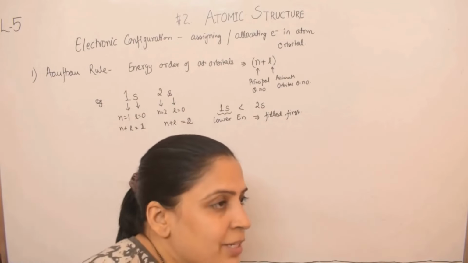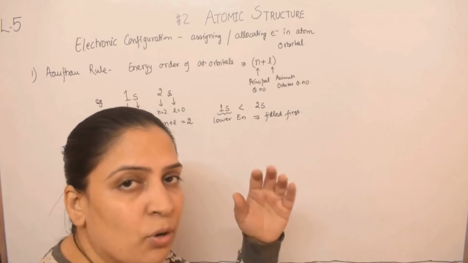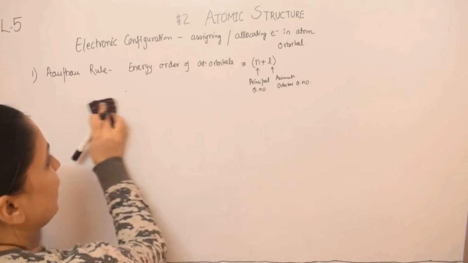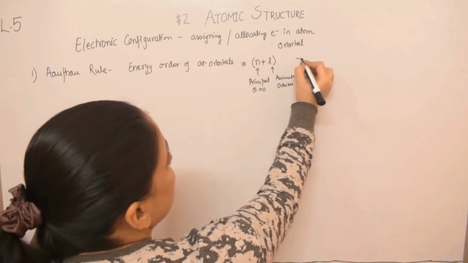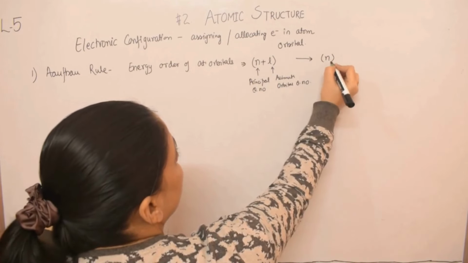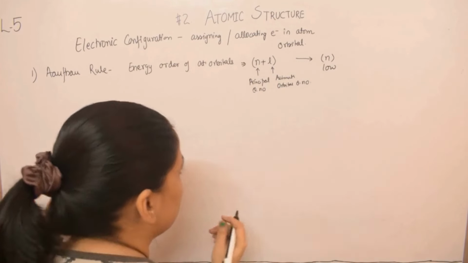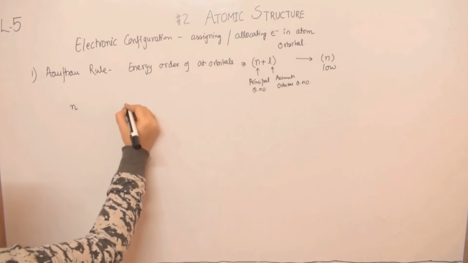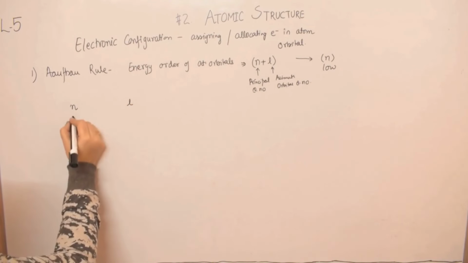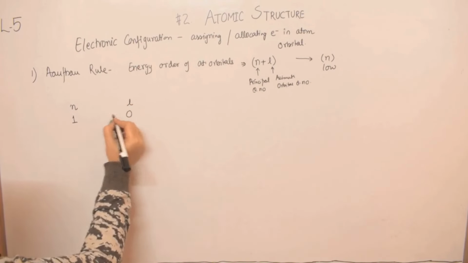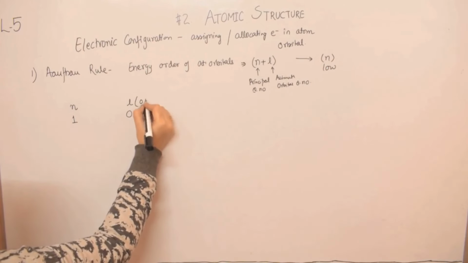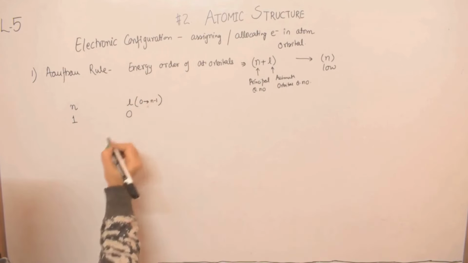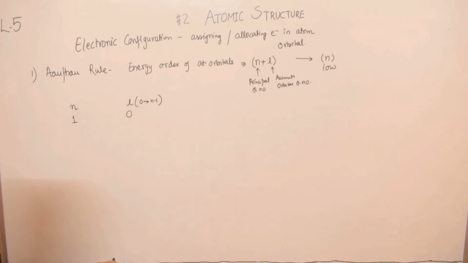Okay, so let us classify all the orbitals in order of their energy values. This is only half of the rule. If this doesn't decide it, then the second step is to determine the lower n value. So let us see, for different values of n, the possible values of l. For n is 1, the possible value of l is 0 to n minus 1, so the possible value is 0.